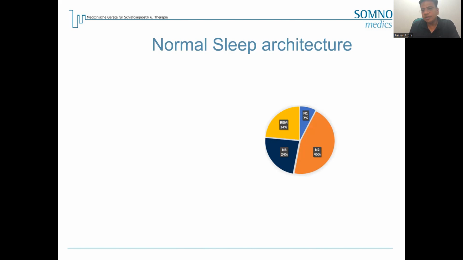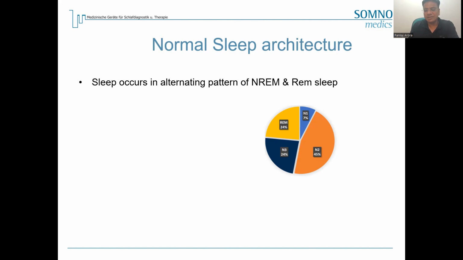Before I jump directly to how the report looks, I would like to tell you the sleep architecture of a normal person. What happens when a patient tries to sleep? He enters into sleep through non-REM stage, which is called stage N1.